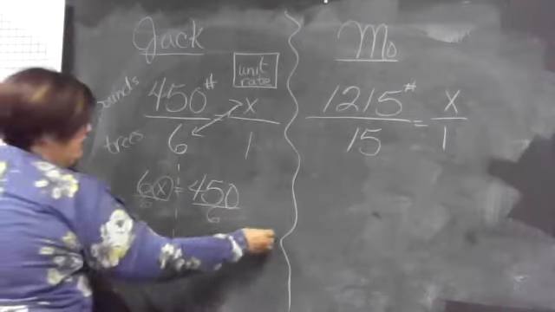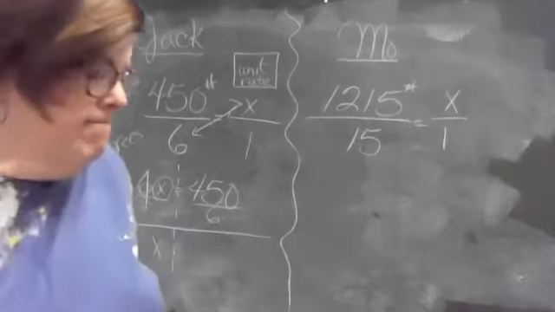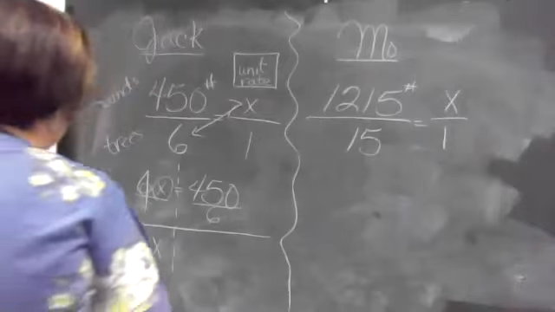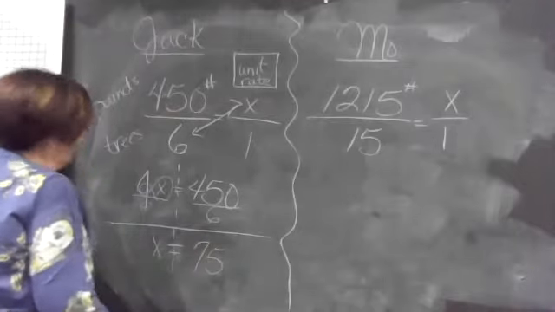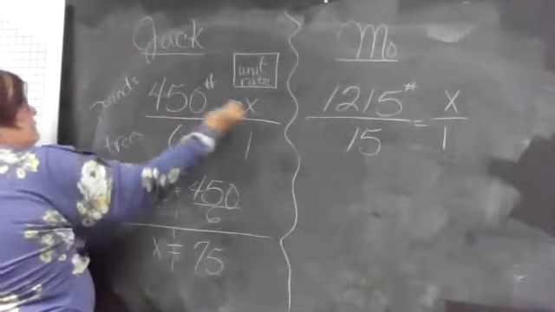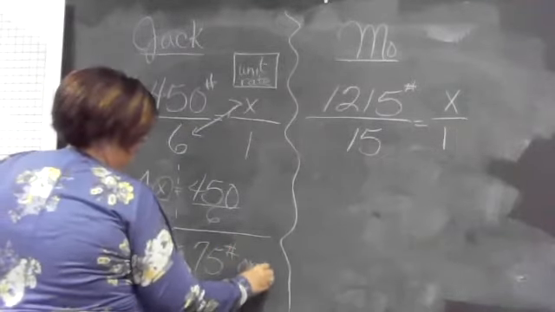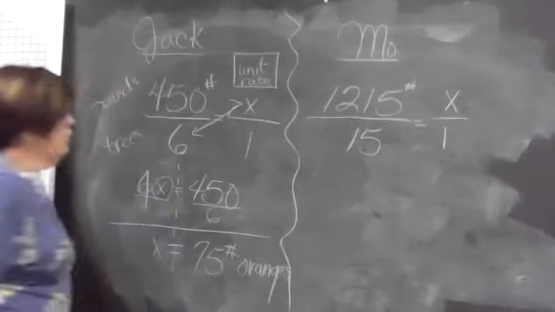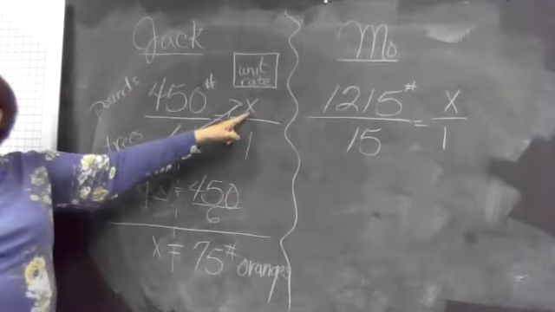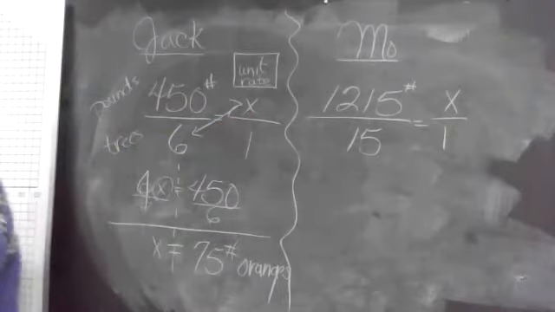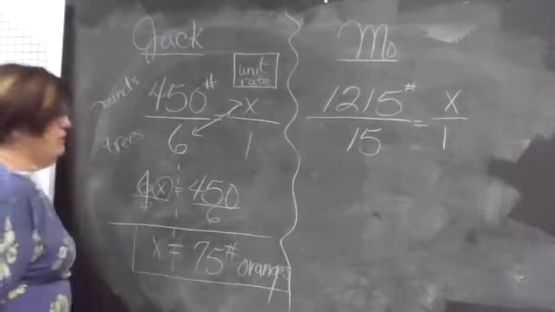I don't have my calculator out, so 75. Now, remember, it's a written problem, so 75 what? Pounds. Pounds of oranges. One tree has 75 pounds.